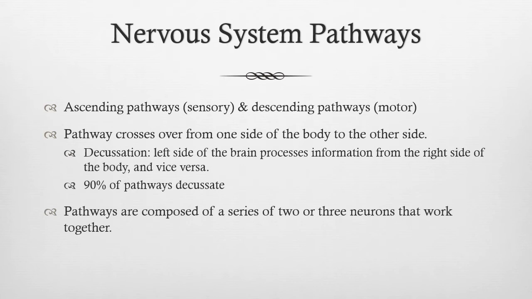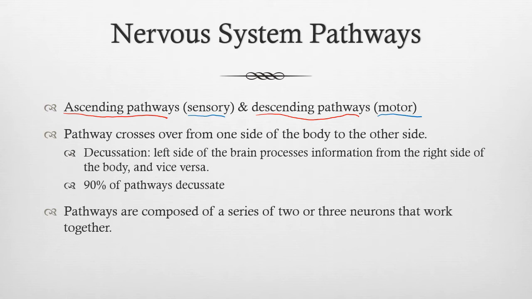When it comes to information traveling through the cord, we have ascending pathways, and then we have our descending pathways. This is motor information and then sensory information. Ascending pathways are always sensory information, descending is always motor. And since the information has to get to the opposite side of the cortex, at some point along the pathway, information is going to cross.